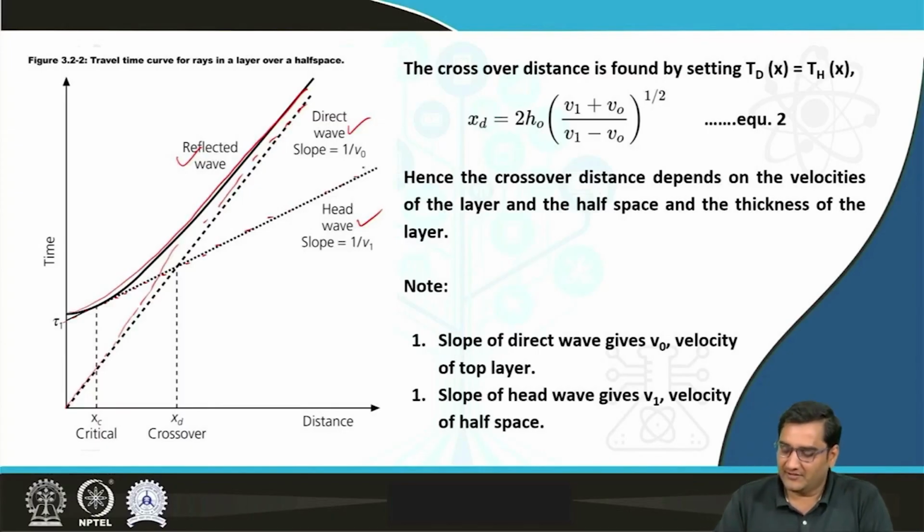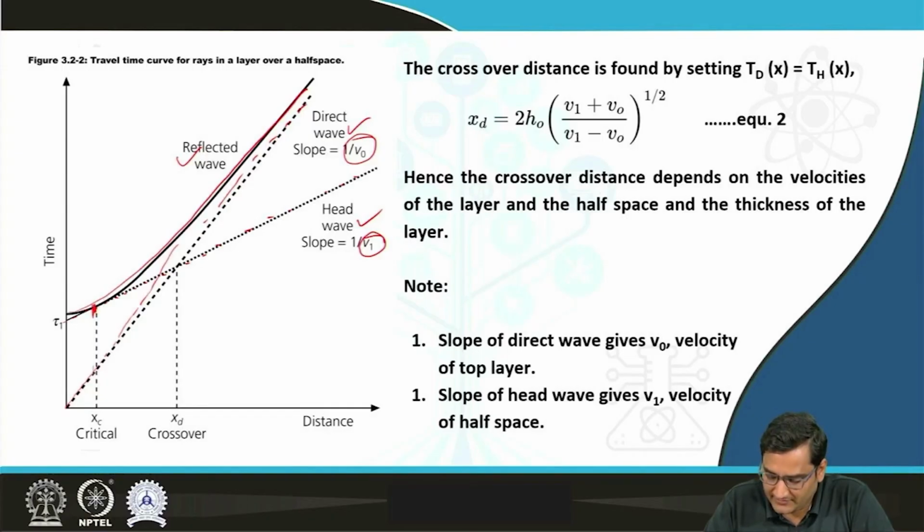And you can see that the head wave is a straight line whose slope can give you the velocity of the second layer, and the slope of the direct wave can give you the velocity of the top layer. The head wave is asymptotically approaching the reflected wave, that means the hyperbola, somewhere over here, and this particular point almost touches the hyperbolic curve.